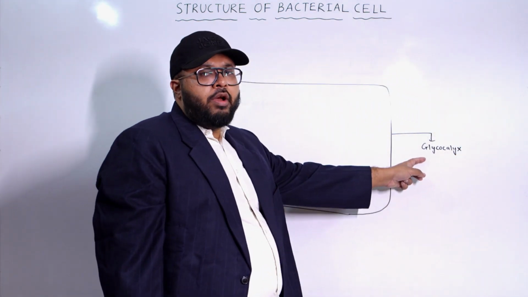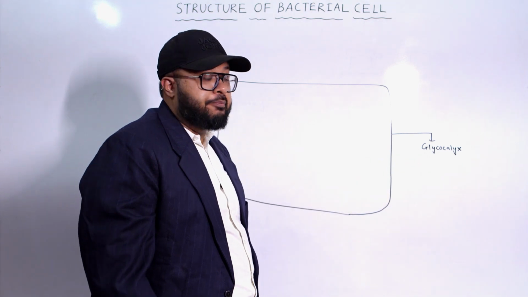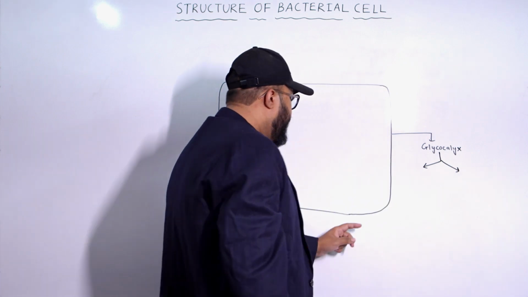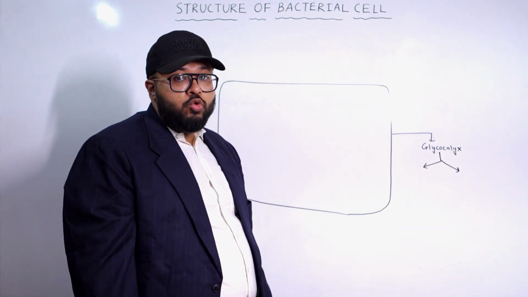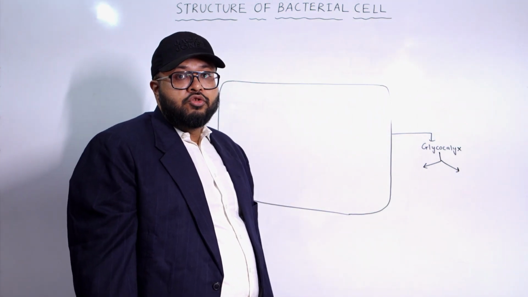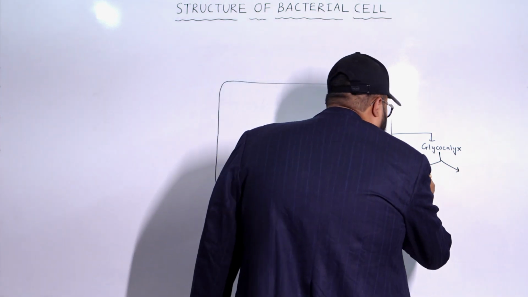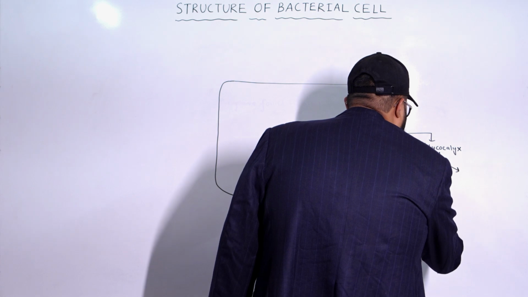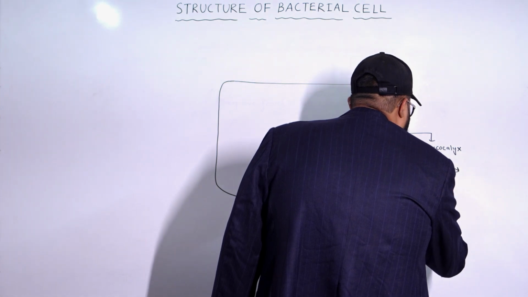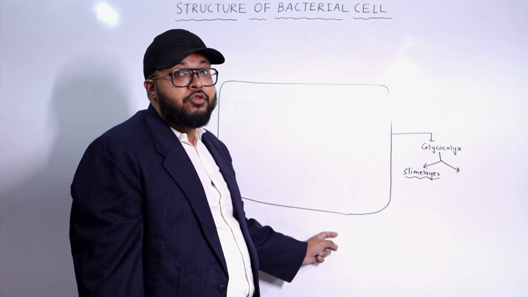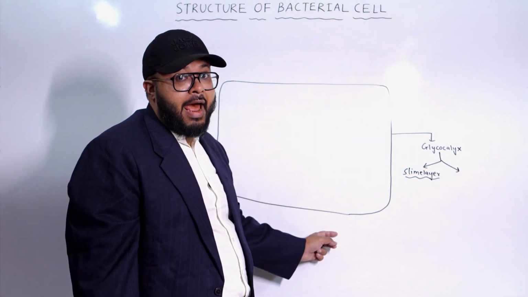Now this glycocalyx can be of two types. If it is in the form of loose sheath, thin, gelatinous, then it is called the slime layer. If it is hard, thick and rigid, then it is called the capsule.